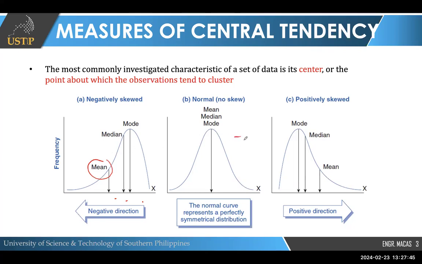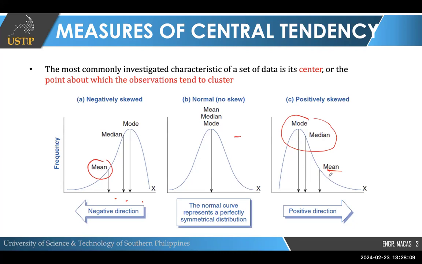So again, this is the normal curve, symmetrical. These two, negative and positive skewness, are asymmetrical. For positively skewed, on the positive side, it means it is slanting on your right side. So your mode and median are on the left of your mean value.